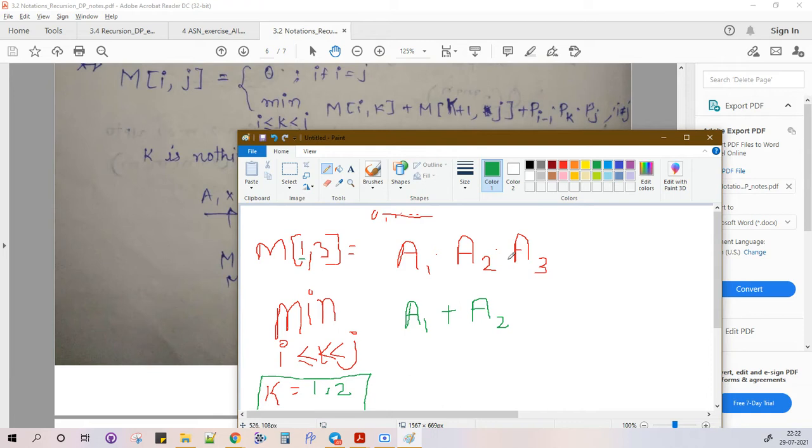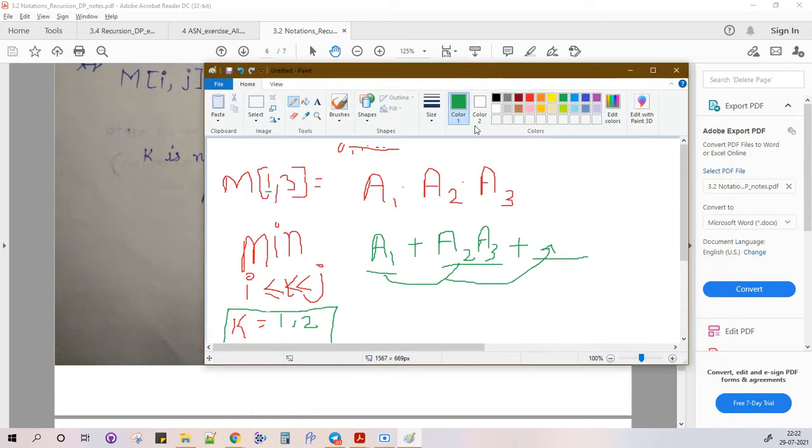This is nothing but A2 multiplied by A3. Whatever the cost for multiplying A2 and A3, whatever answer I get, I need to multiply it by A1. That cost is defined as P of i minus 1 multiplied by pk multiplied by pj. I will explain this in a moment. So this is some cost to multiply these two things.